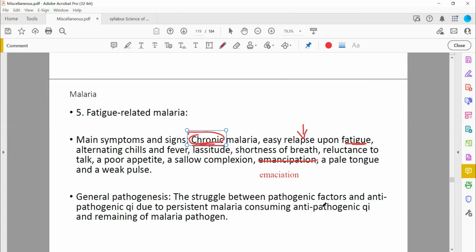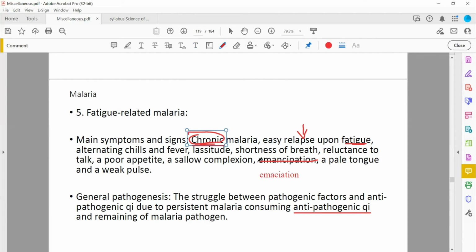The struggle between the pathogenic factor and the anti-pathogenic qi due to persistent malaria consumes healthy qi, and there are remaining malaria pathogens.